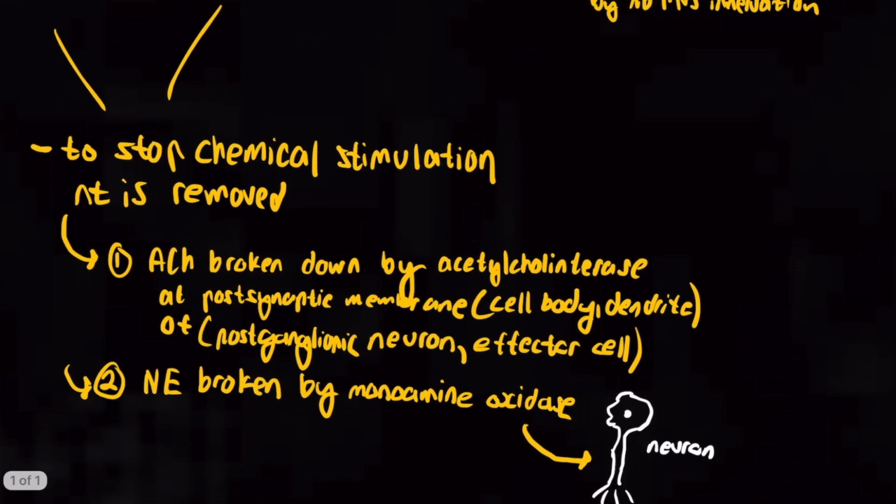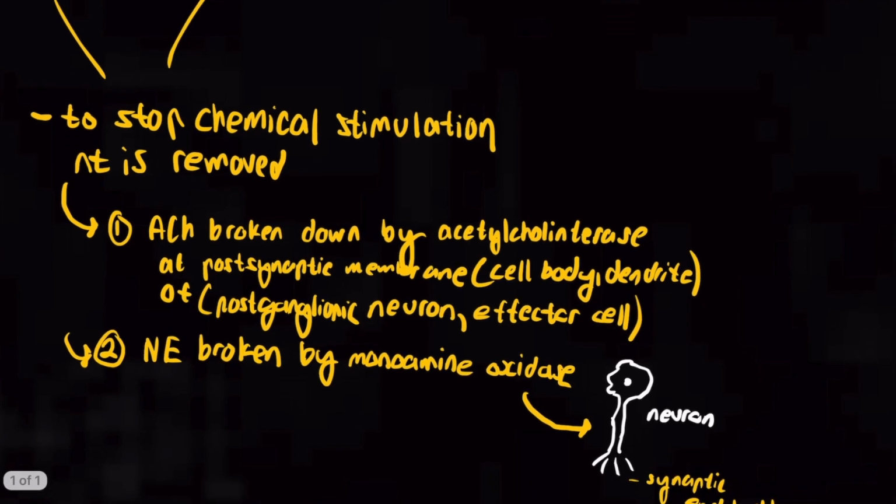The acetylcholine can be broken down by acetylcholinesterase, which is responsible for breaking down acetylcholine. Okay. And this will generally occur at, let's say, the postsynaptic membrane of the cell body and dendrite.